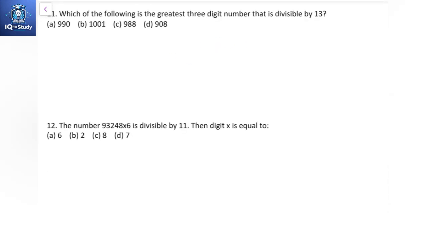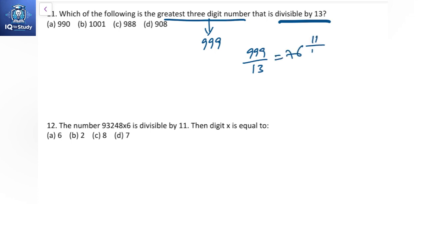Which of the following is the greatest 3-digit number that is divisible by 13? We know that greatest 3-digit number is 999. When 999 is divided by 13, it is equal to 76 and 11 by 13. Leaves remainder 11.